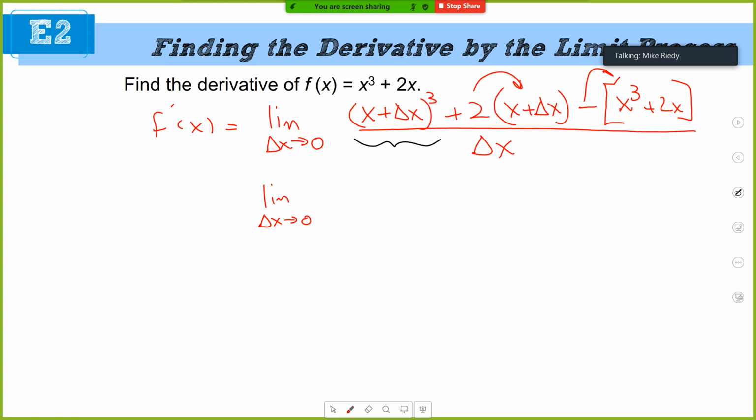Okay, so you just grind it out: x plus delta x times x plus delta x times x plus delta x. Nothing wrong with that. Anybody have a different technique? I'm looking to see if anybody knows that thing. Is it x plus delta x and then times x squared, plus x times delta x, plus delta x squared? No, you're factoring. We want to multiply it out.